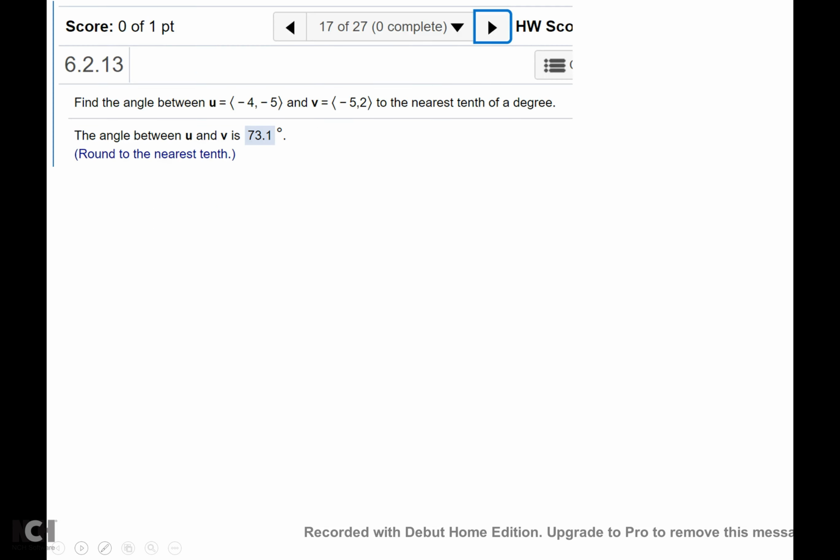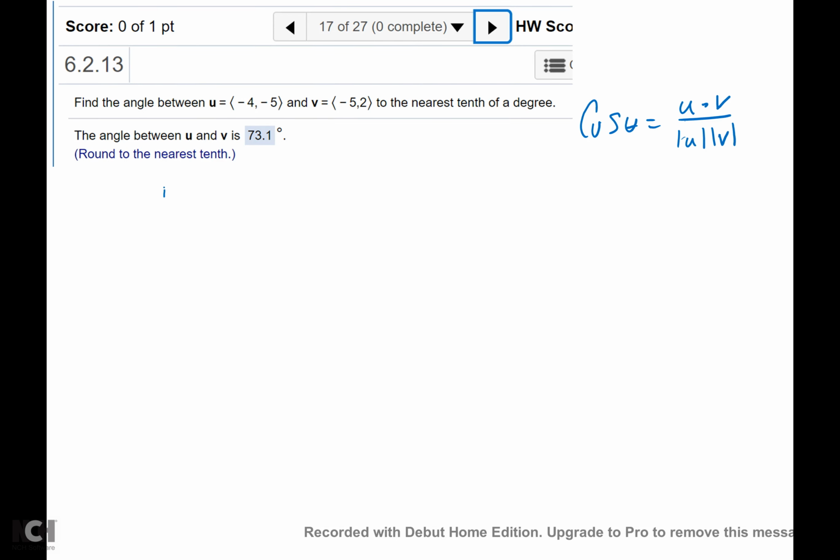Alright, so the next one's an example. 17. Find the angle between u and v to the nearest tenth of a degree. That formula is cosine theta equals u times v over the magnitude of u times the magnitude of v.